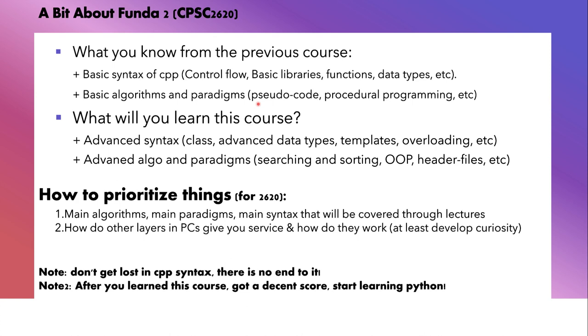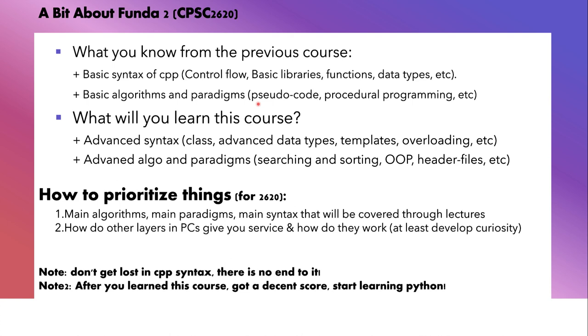We already know some basic concepts, but in this course we will learn advanced syntax like classes, or advanced data types like vector, stack, queue, BST, and balanced BST. And we will also learn about templates, overloading, and other advanced topics.